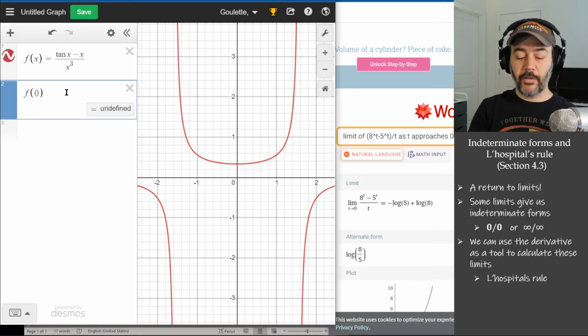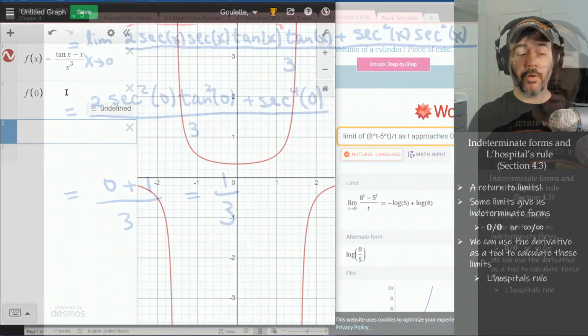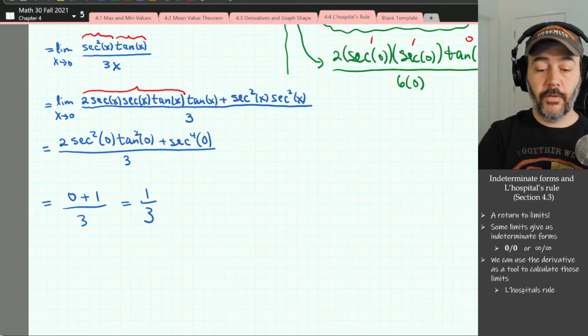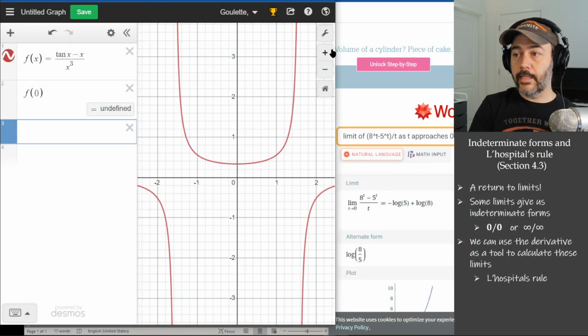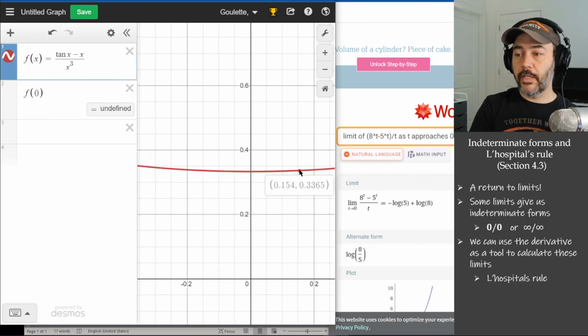So one way we can graphically check our answer is to actually plot the coordinates of our result. Now remember, our result was that the limit of this function is 1/3. So what that means is if we zoom in on this, we better see the function getting closer and closer to 1/3.